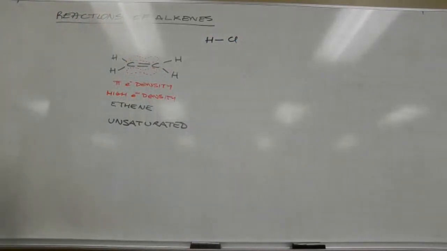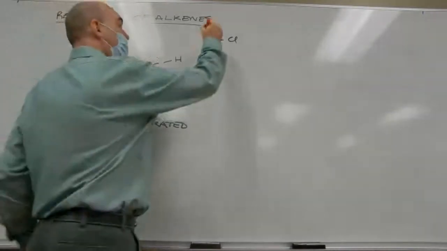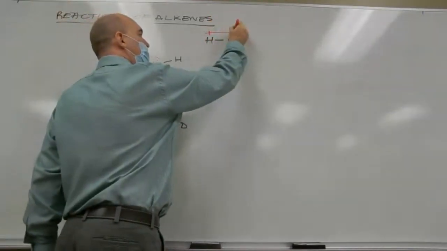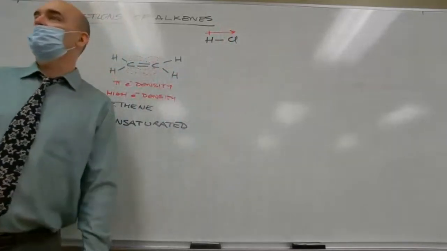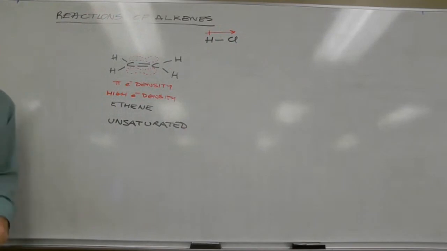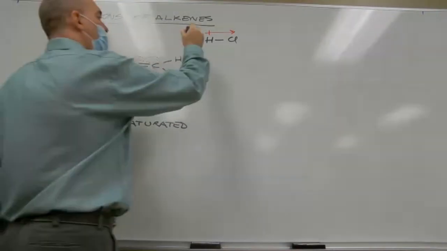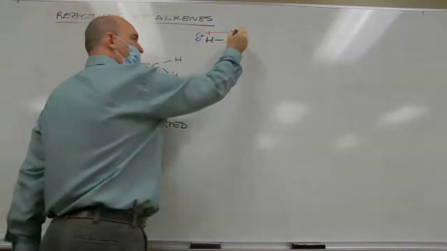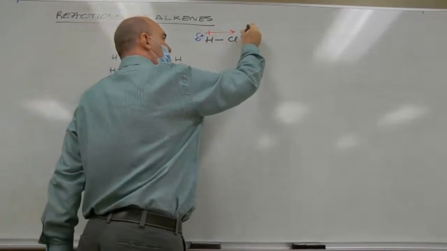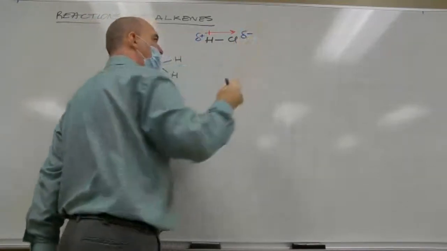Hydrochloric acid is polar in that direction. Because chlorine is electronegative, group 7, and hydrogen is electropositive, group 1, the hydrogen end of this molecule is positive, and the chlorine end is negative.